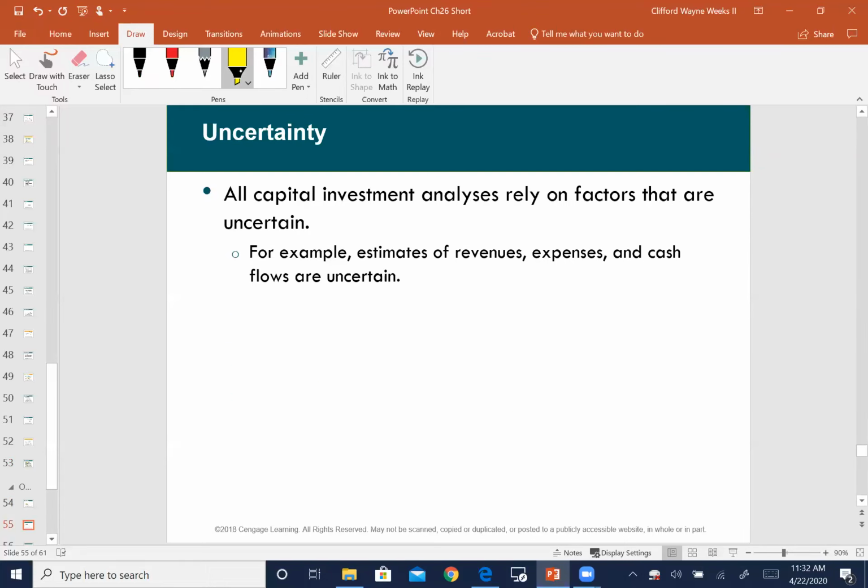And so, when it comes to uncertainty, all capital investments rely on factors that are uncertain. Really? Oh, you mean our crystal ball that we picked up from the bookstore doesn't work? There are so many different estimates that we're making here. Things could be wrong, can't they? But it's better than just shooting in the dark.